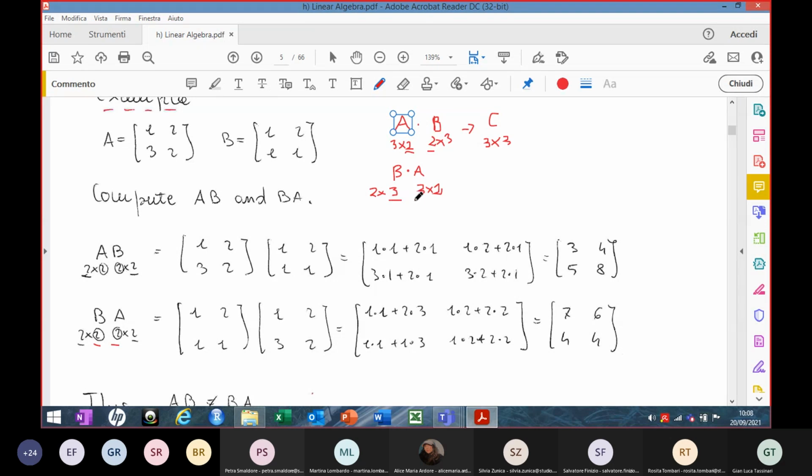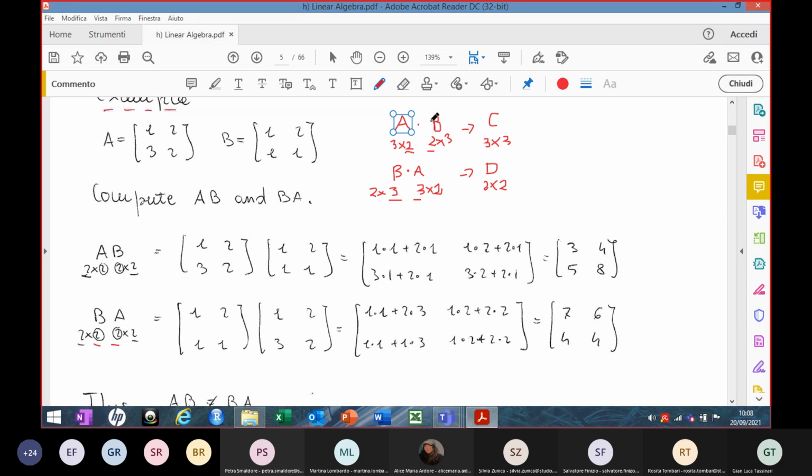And the result is a matrix D of dimension 2 times 2. So obviously, you see, this is a case in which A times B and B times A are both feasible.